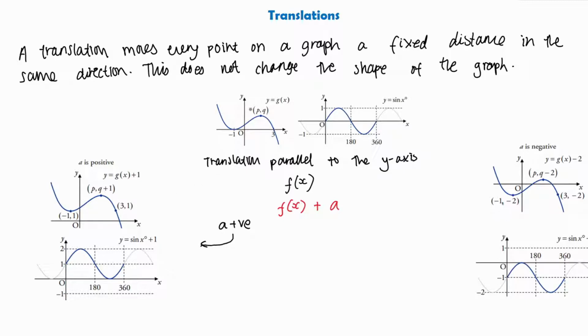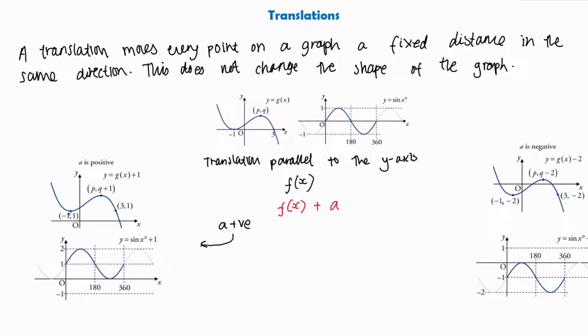So we can see here our original cubic graph, as you can see, has the points minus 1, 0, p q, and 3, 0. We can see here they've all been shifted up by a value of 1. So in this case, our function is now g of x plus 1. A is positive, so every coordinate, every point on this graph will be shifted up 1. Now if it's being shifted up 1, every y value will now be y plus 1.